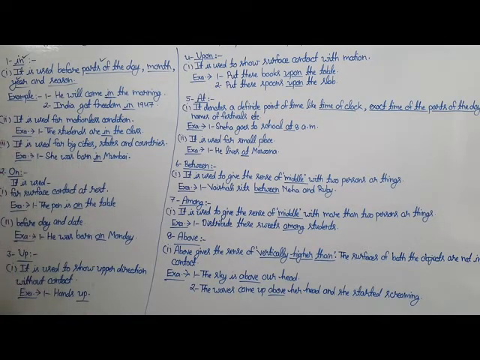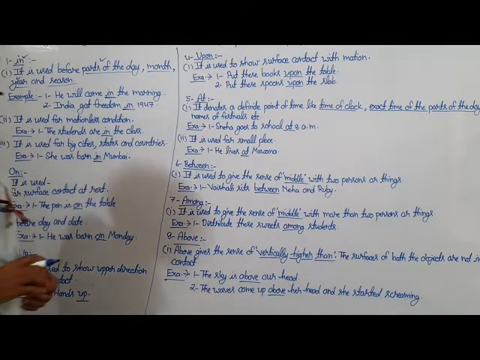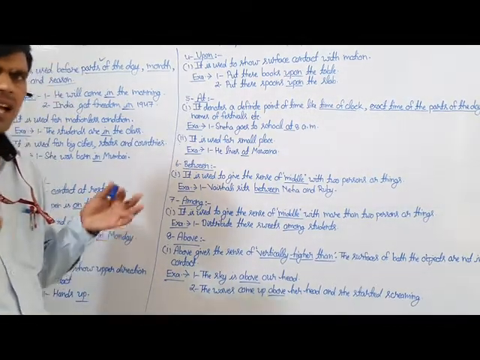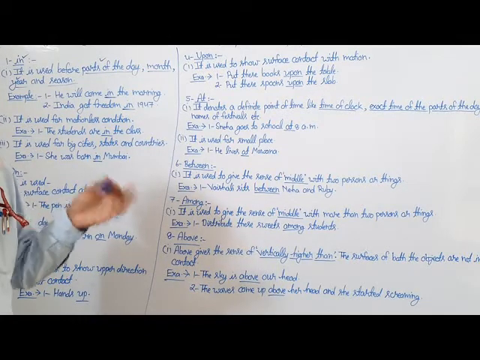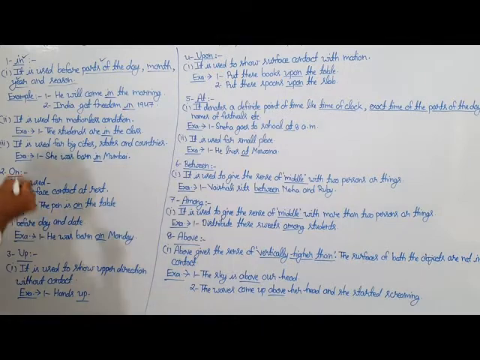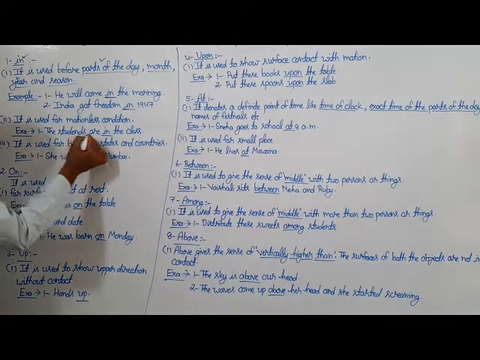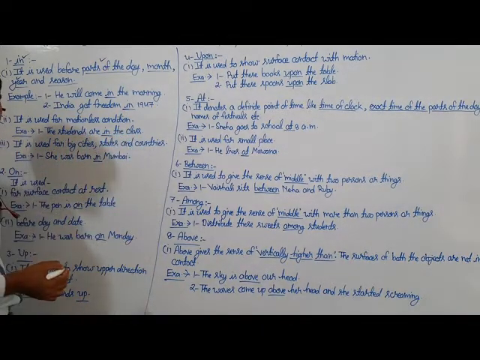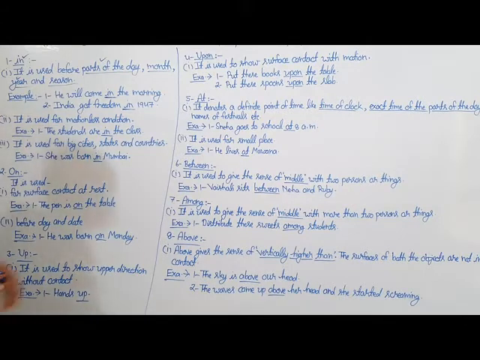The next use of the preposition in is for the motionless condition. It is also used to show a motionless condition or condition at rest. For example: The students are in the class.